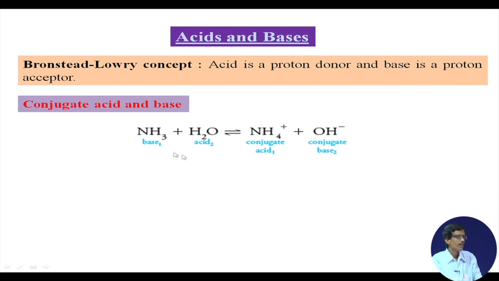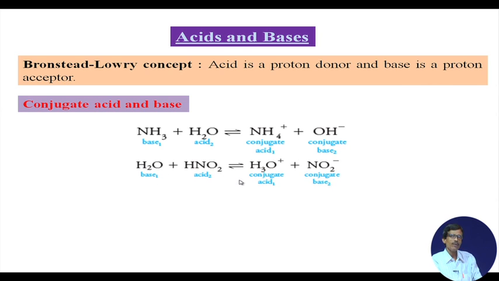Base 1 gives rise to the corresponding conjugate acid 1. Similarly, acid 2 gives rise to the corresponding base 2. The subscripts written below base and acid show which are related in terms of the proton transfer reaction.